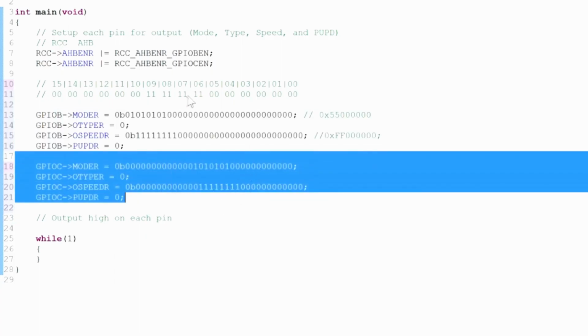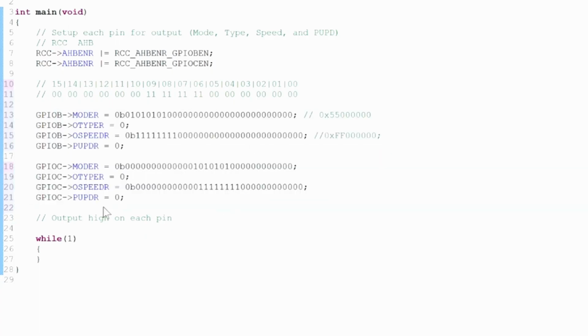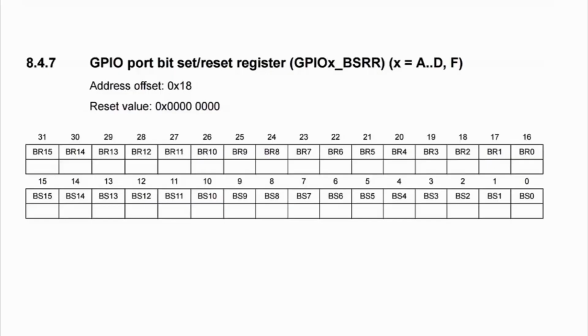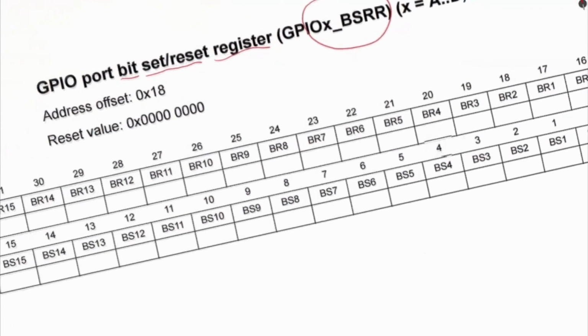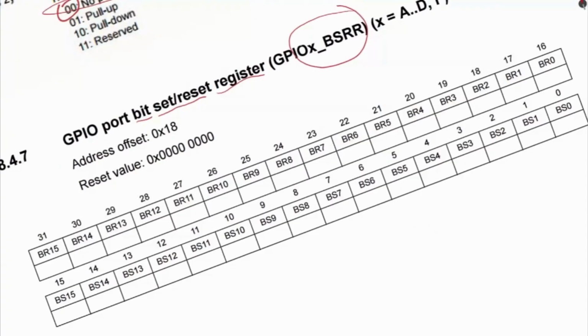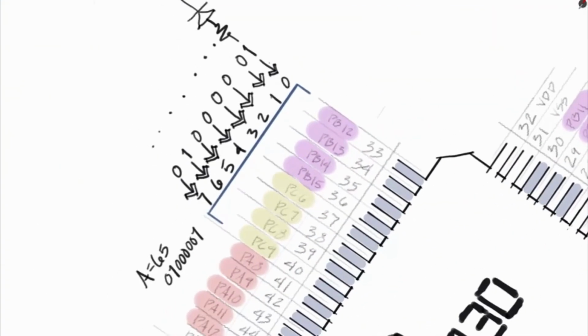Now we need to turn on all the LEDs. To turn the LEDs on, we're going to have to set those pins high. We're going to use the BSRR register, which is the bit set and reset register. To set the pins, we need to put a 1 in the bit set location. And the port we're working with right now is port B, 12, 13, 14, and 15. Let's do that first.